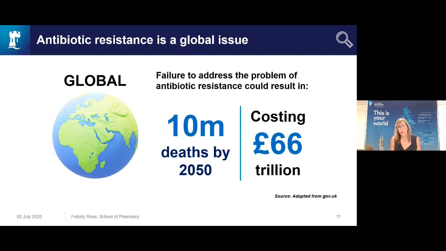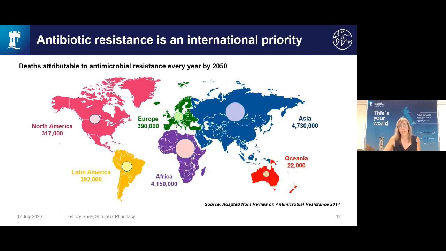Because if we fail to address this issue, then we could be in a position where, by 2050, we can see 10 million deaths as a result of bacteria for which we have no treatment. And that could cost over £66 trillion. And you can see how widespread across the world this could be.